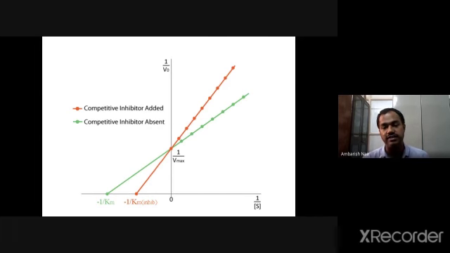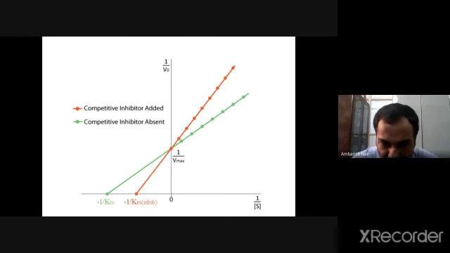One straight line is in green color, another is in orange color. The green straight line is the normal enzymatic reaction. But when you add an inhibitor, what happens? Km is increasing. How can you say Km is increasing in this case? There is no change in Vmax. You can see both lines pass through the same point, which means there is no change in Vmax.